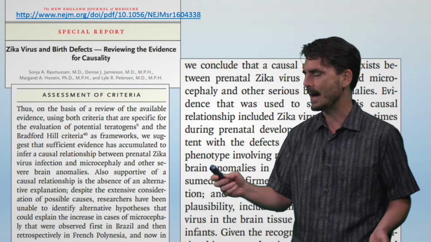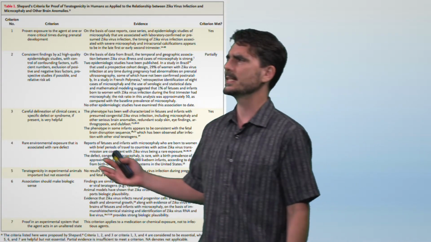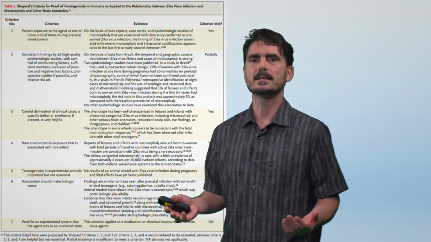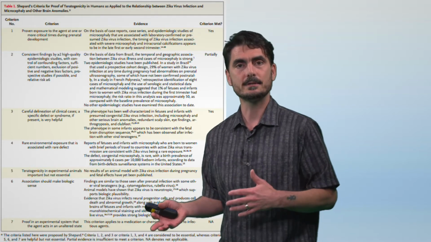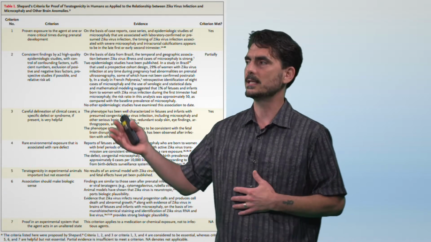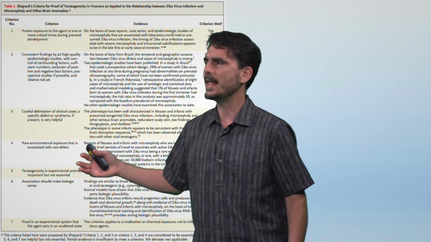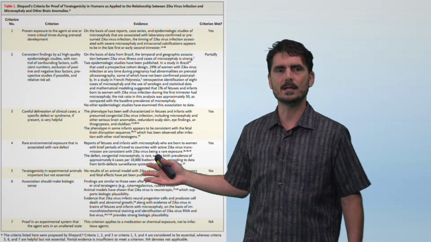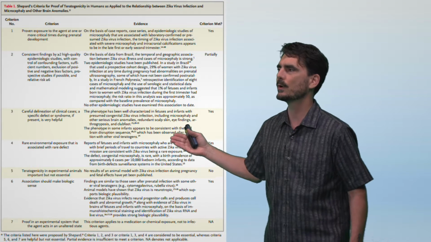Of course, they overlap, but what they did is they essentially used Shepard's criteria for proof of teratogenicity, and so in that case, for birth defects, right? So microcephaly is a birth defect, and so this is the scheme that was used. There are a variety of criteria, and then the evidence in this case from published studies as well as just well-documented information, and then was the criteria met?